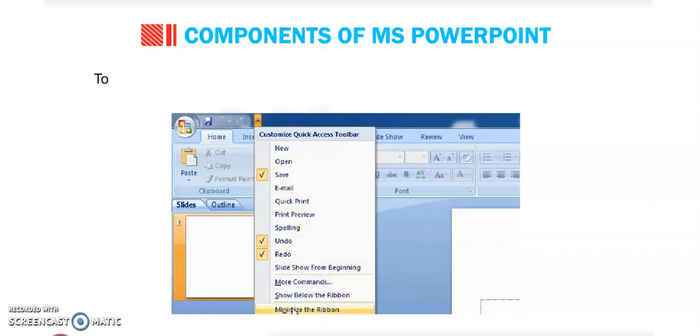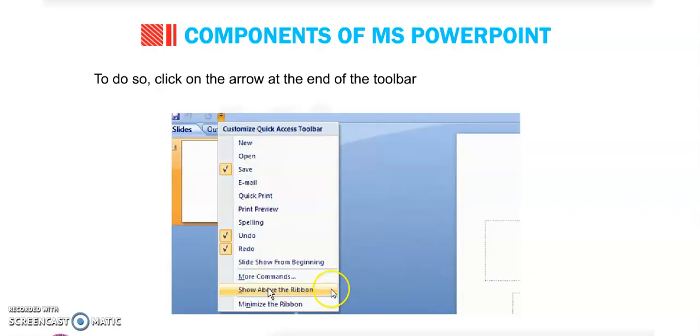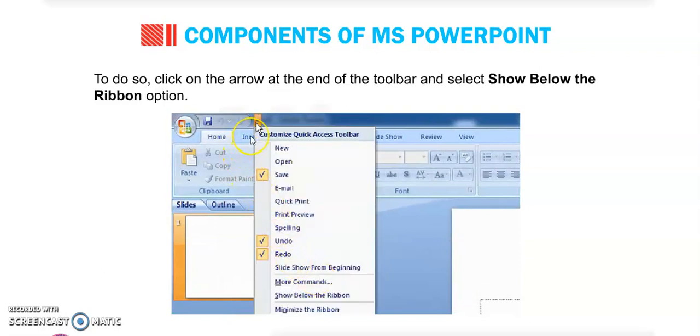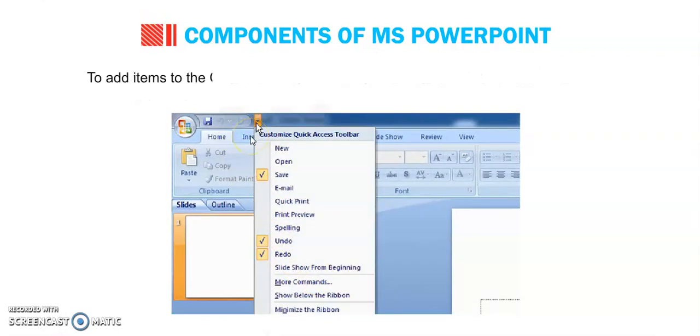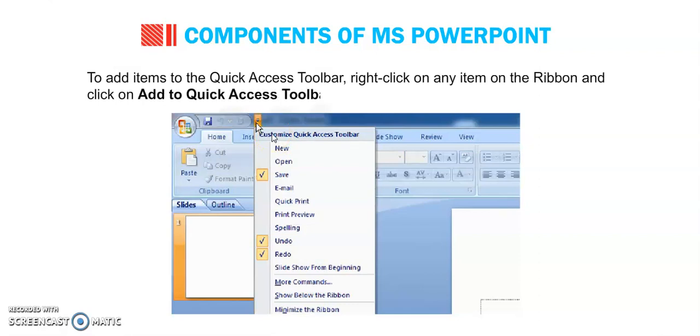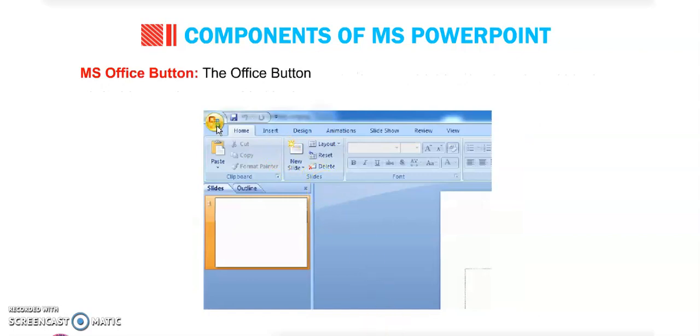To move it, click on the arrow at the end of the toolbar and select the show below the ribbon option. With this, we can add items to the quick access toolbar. Right click on any item on the ribbon, and click on add to quick access toolbar. So with this, we can add or remove any item from the toolbar.